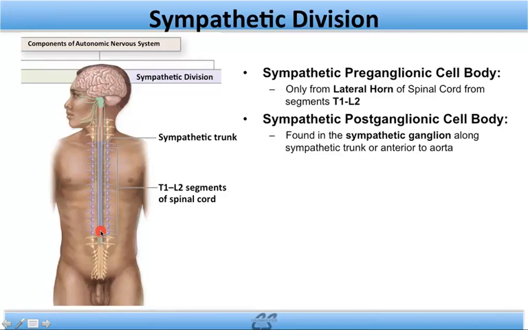That's it. The postsynaptic or postganglionic cell body, notice that preganglionic is the same thing as presynaptic. Postganglionic is the same thing as postsynaptic. The postsynaptic or postganglionic neuron will be in something called the sympathetic trunk, or it could be in another ganglion somewhere else.